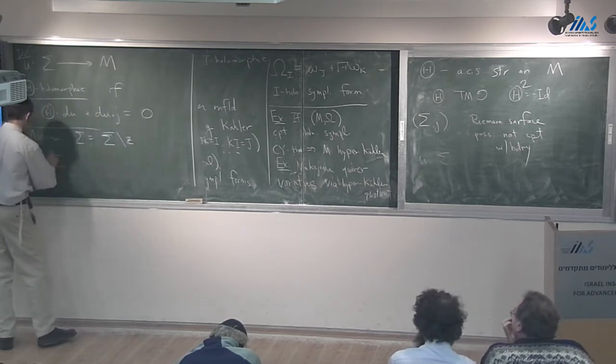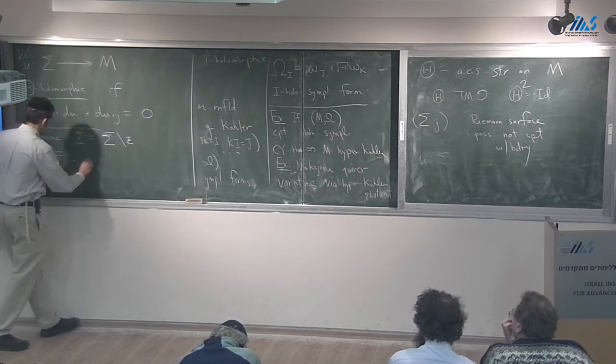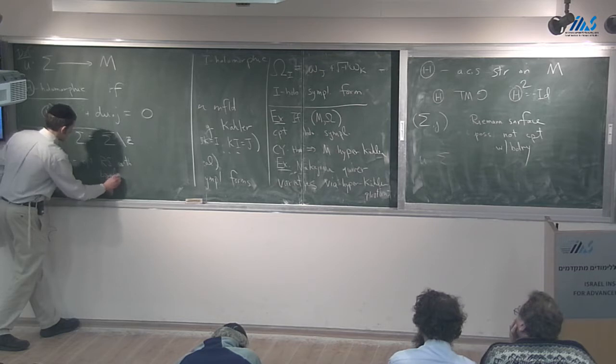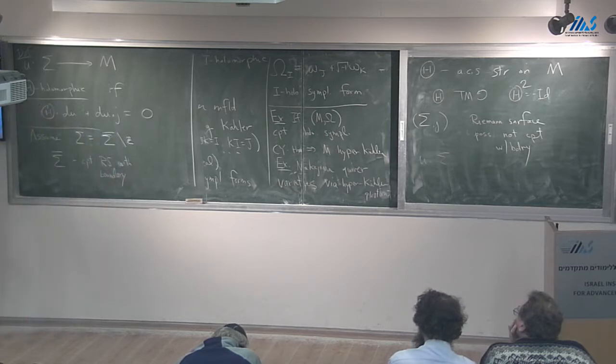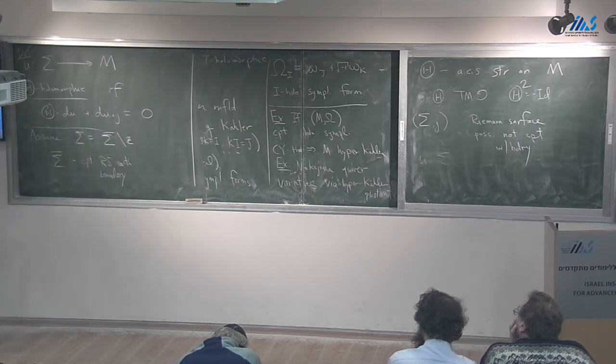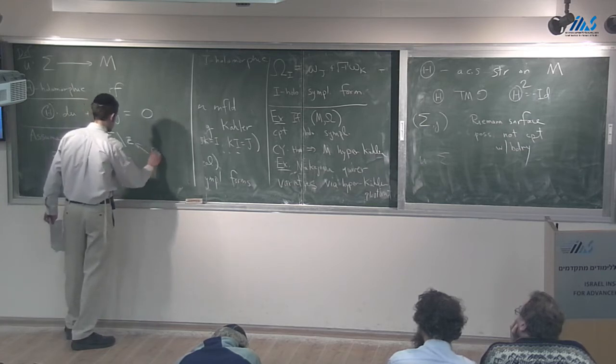So Sigma is a compact Riemann surface with boundary, a real two-manifold with boundary with a complex structure on it, where I remove some of the boundary points. Z is a finite set.